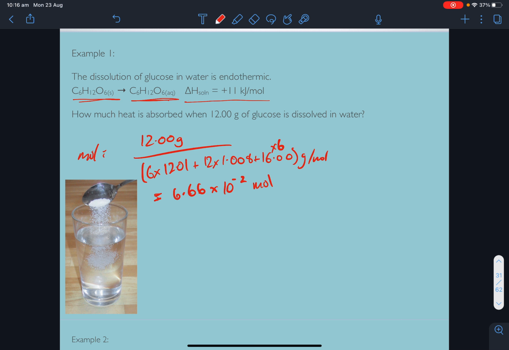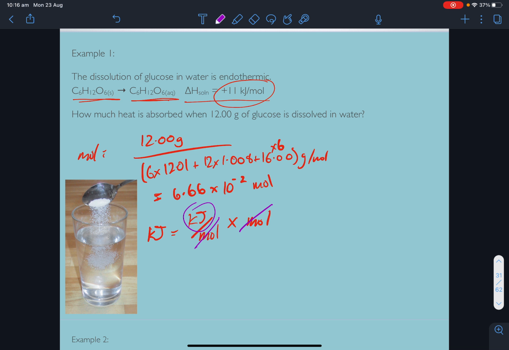All right. How much heat is absorbed when I do that? I'm looking for energy, and I've got my enthalpy, which is kilojoules per mole, and I've got moles, so what I need to do is multiply them so my moles cancel, and I'm just left with the unit that I want.